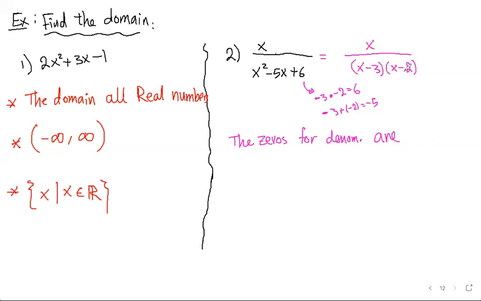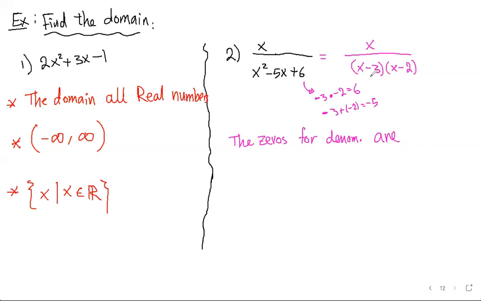What number, if I plug it here, gives me 0? 3 and 2. If I plug 3, 3 or 2. 3 and -3, yes, this is true. Is true, 3 and 2.